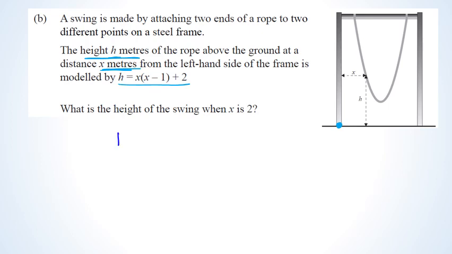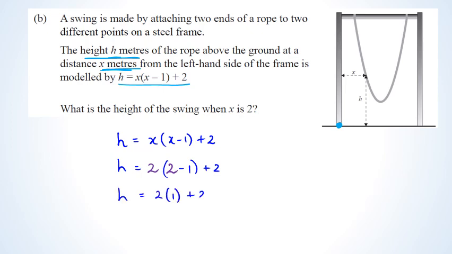So all we really have to do is h is equal to, when x is 2, so we write the formula as it is, and then we substitute where x is equal to 2. So we're going to have 2 and 2 minus 1 plus 2. And this could be written as 2 times 1 plus 2, which means h is equal to 4. And this is another achieved question. Okay, next question.